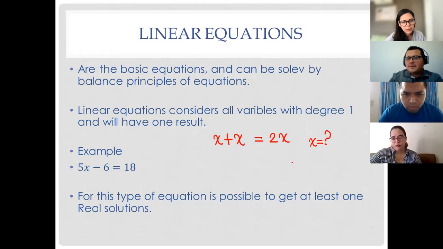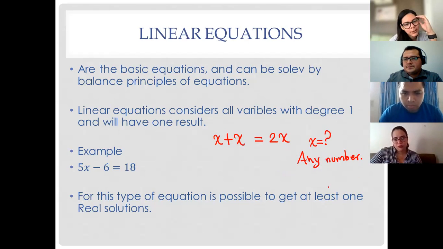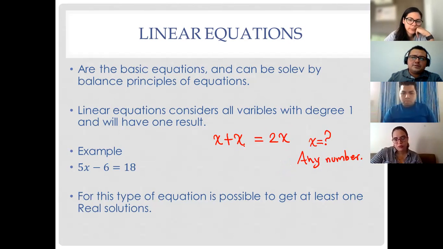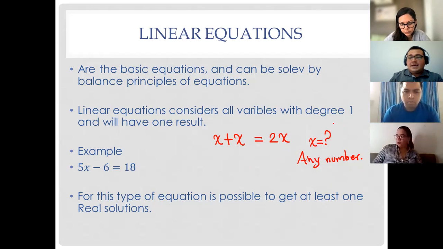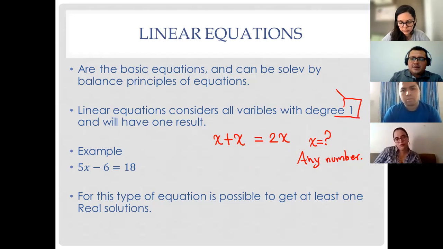What about 5? It could be any number. Yes, you said it, any number. If I choose 5, 5 plus 5 is 10, 2 times 5 is 10. If I choose negative 20, negative 20 plus negative 20 is negative 40, and 2 times negative 20 is negative 40. So any number. It's so hard to see this, but it's so important. Keep that in mind. And again, degree 1 is telling you that you expect to have one solution, but it's not always like this.